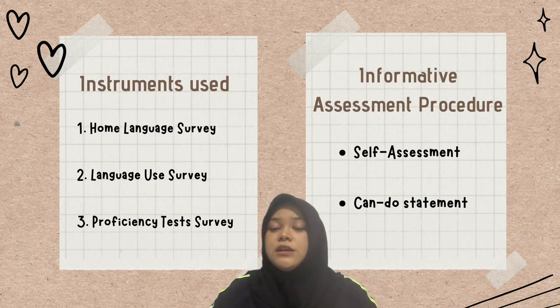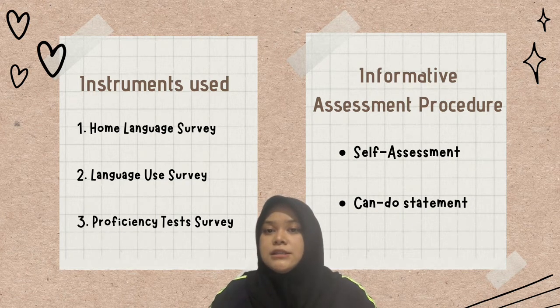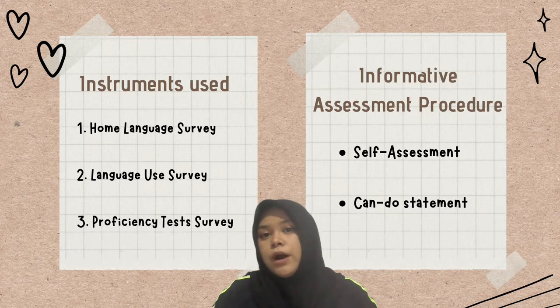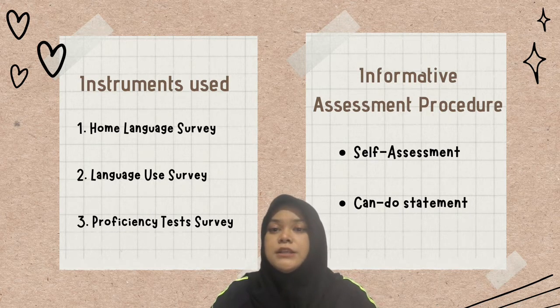Second is the language use survey, which elicits detailed information on the use of the target language and additional languages in the school or community, and external proficiency tests. And the last is the proficiency test, which is one form of external assessment to ensure their ability to perform to the level of competence and quality required.